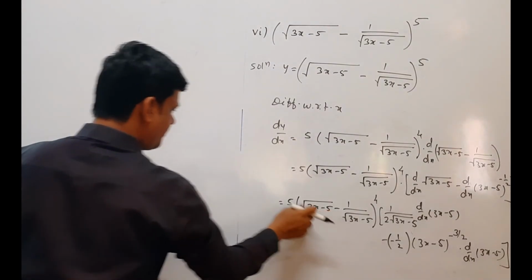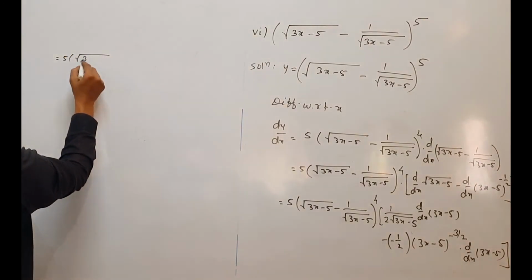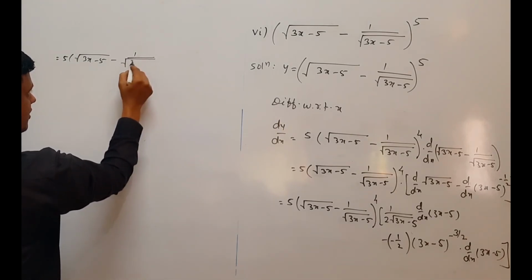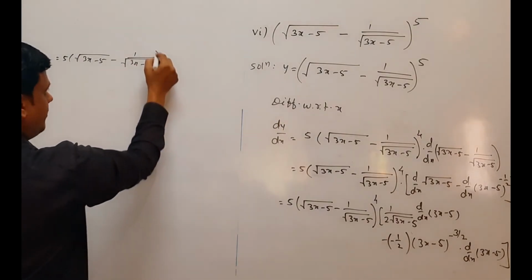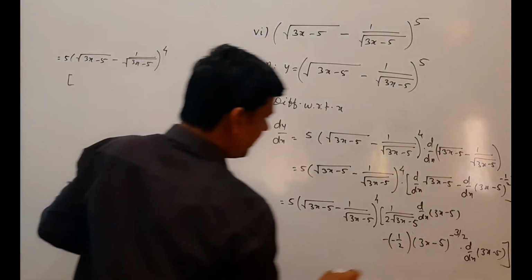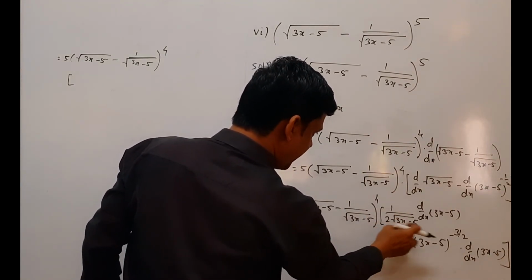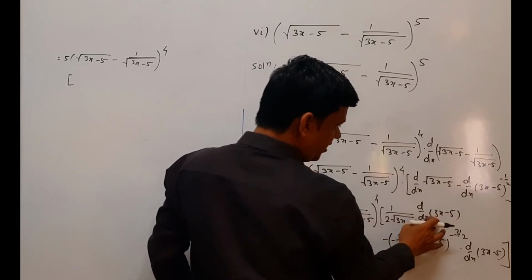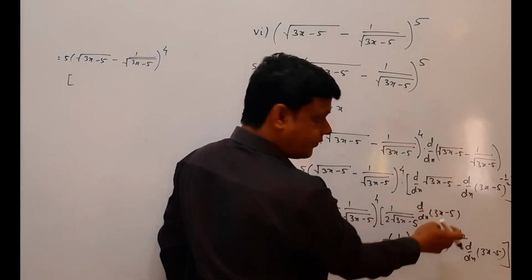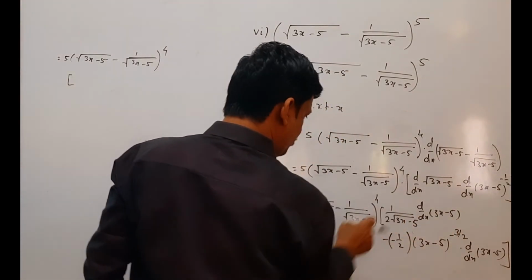So we write this first term as it is, that is 5 into root 3x minus 5 minus 1 upon root 3x minus 5 bracket raised to the power 4 into, so we write this 1 upon 2 root 3x minus 5. Now we directly write here derivative of 3x is 3, derivative of 5 is 0. So 3 minus 0 we write 3. So we write this 3 in numerator.